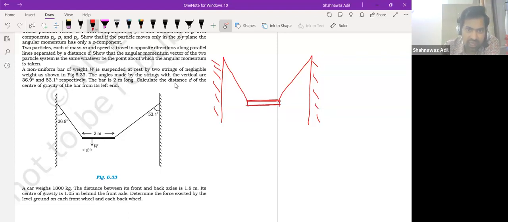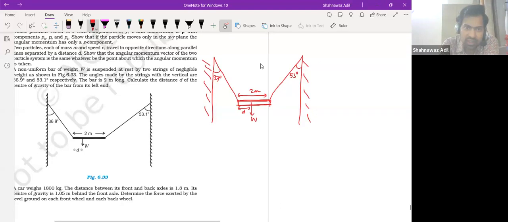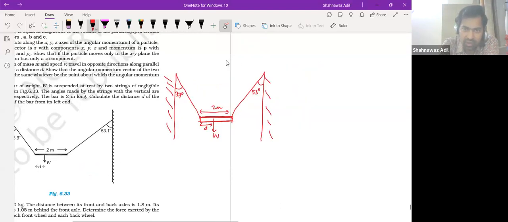So we have to calculate the distance d of the center of gravity of the bar from its left end. So we have to find this d, and this is the weight of this object. This bar length is 2 meters, and this angle is 37 degrees. This angle is 53 degrees. Okay, so I will write the things.